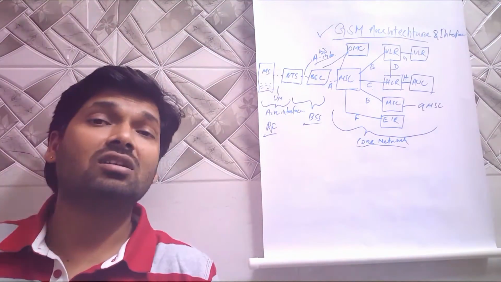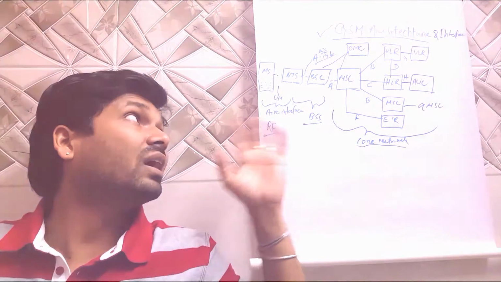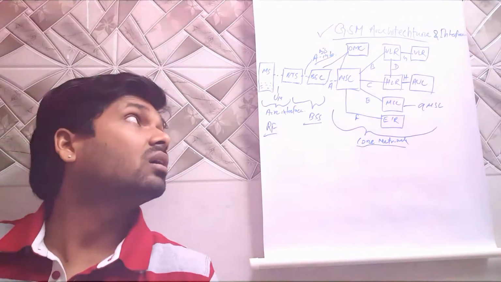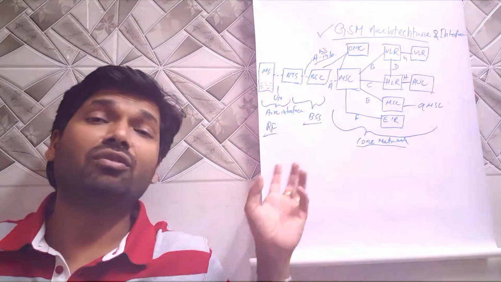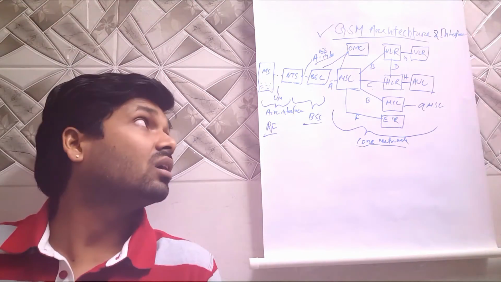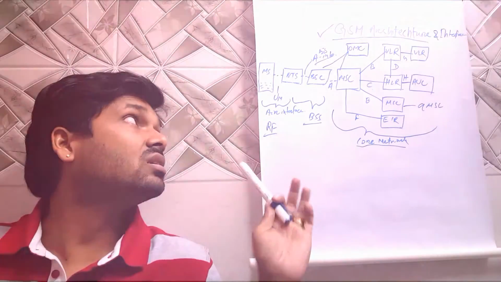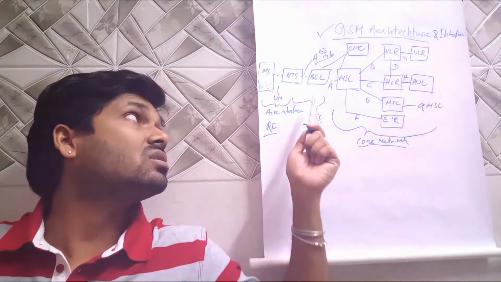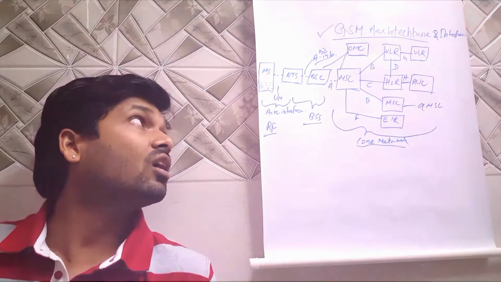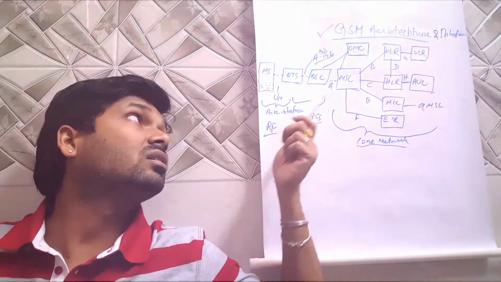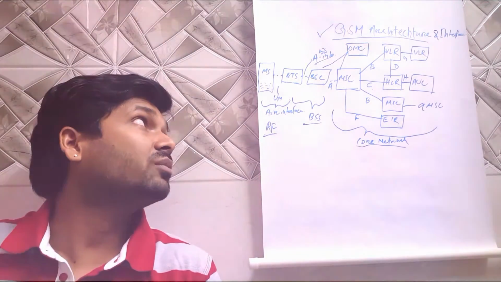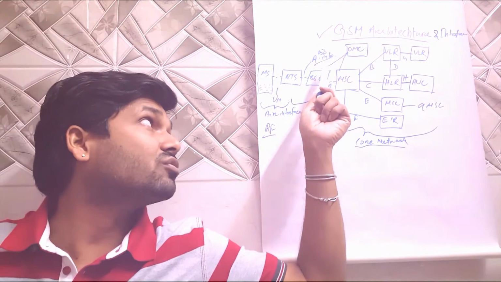So the BSC has a specific guideline or specific range, that it can handle n number of BTS or n number of TRX as per the vendor specification. Let's say you are using a Nokia, Huawei, ZTE or Ericsson BSC; they have different specifications in different releases, like how many BTS and TRX they support. And the interface between BTS and BSC, as I already told, is the Abis interface.